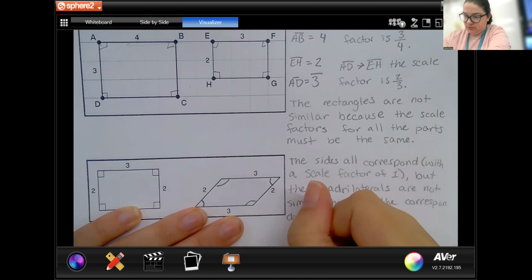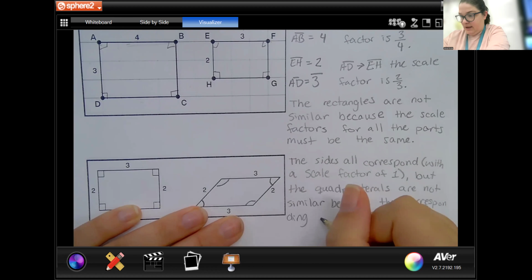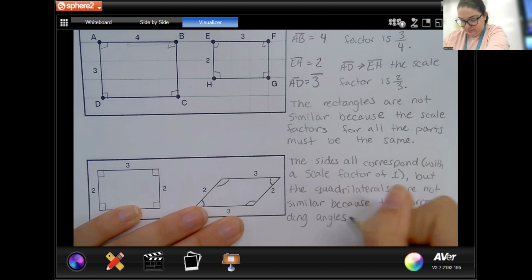Corresponding, that's one word, angles do not have the same measure.